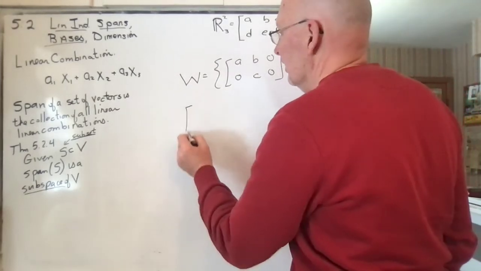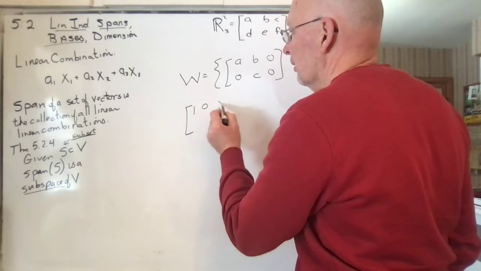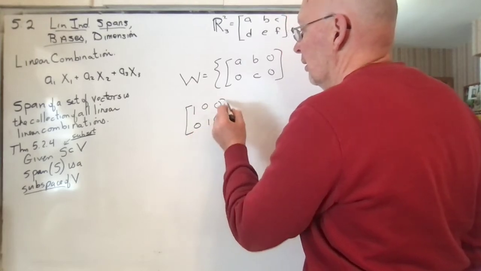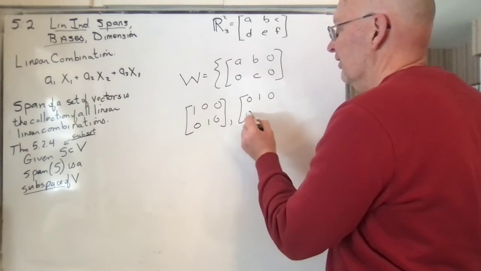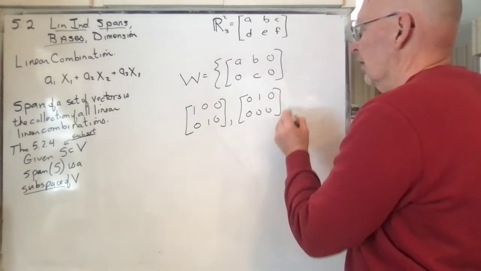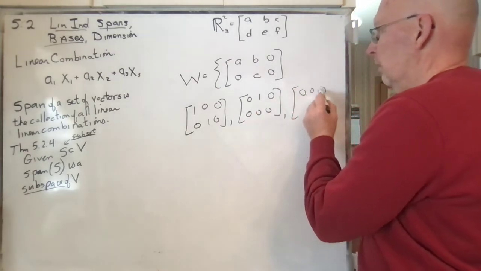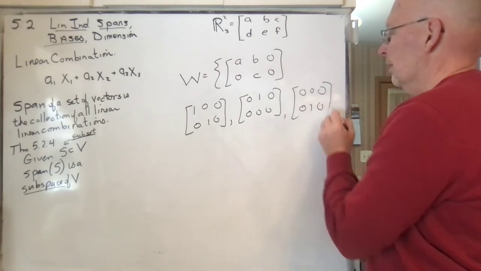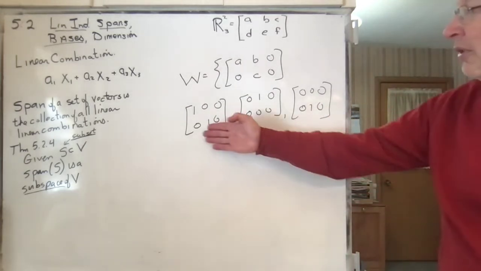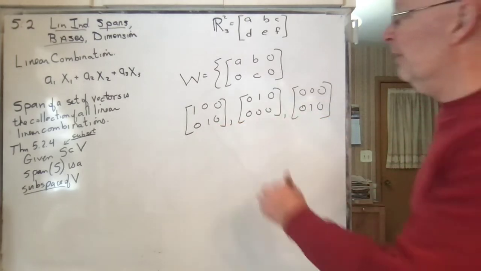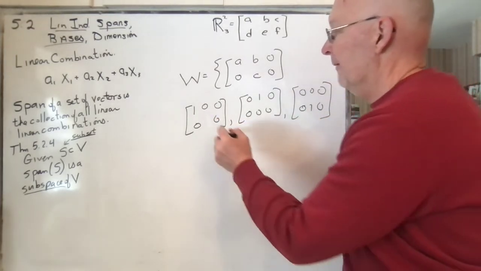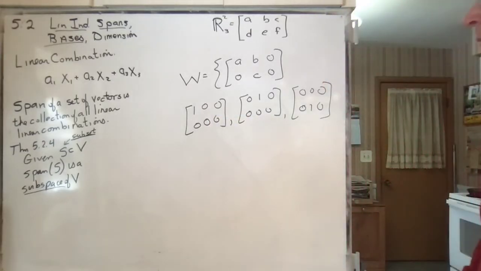Because I can see that it's going to take vectors like this, which would be kind of the easiest ones. Those three vectors, they're linearly independent. There's no way I can get one from the others. Oops, I meant to have a 0 here. Okay?